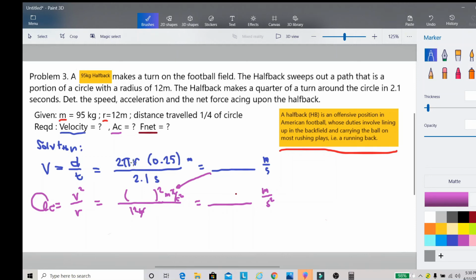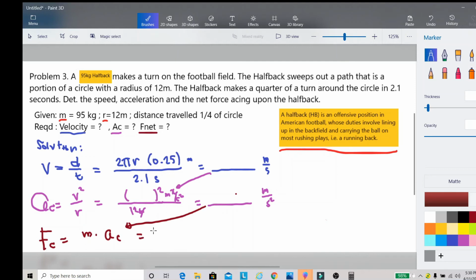And then we have the F net. The problem doesn't state any influence of friction, so the F net will just be equal to the centripetal force. We neglect the friction, that will be equal to the mass multiplied by the centripetal acceleration. Okay, whatever is the value of this one will go here.